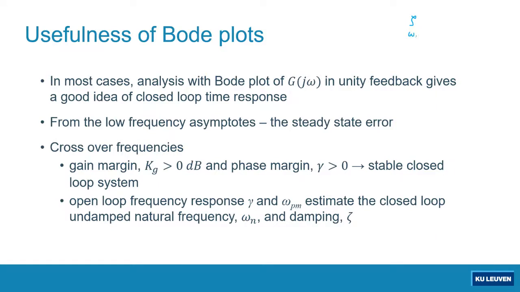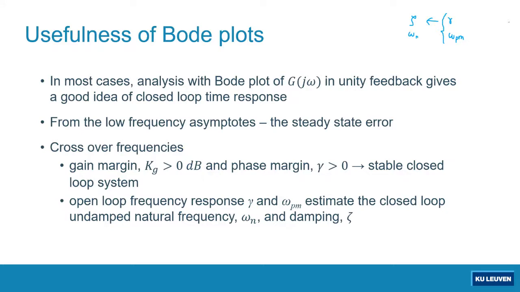These were discussed in our previous video, because zeta and omega n can be calculated from phase margin and phase margin frequency. Phase margin and phase margin frequency can be inferred from the Bode diagrams of the open loop transfer function in our closed loop system.